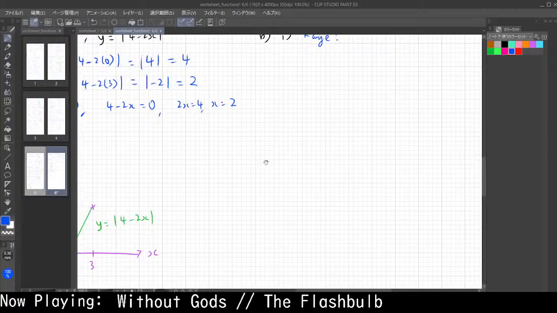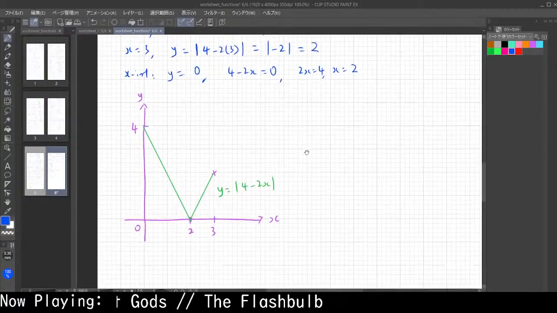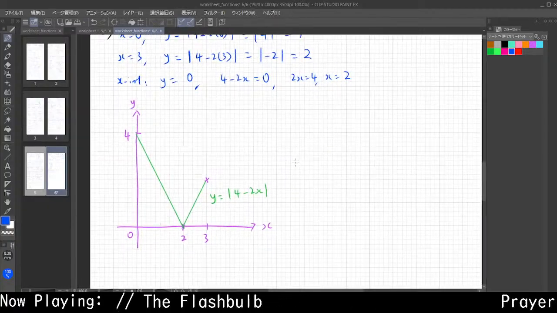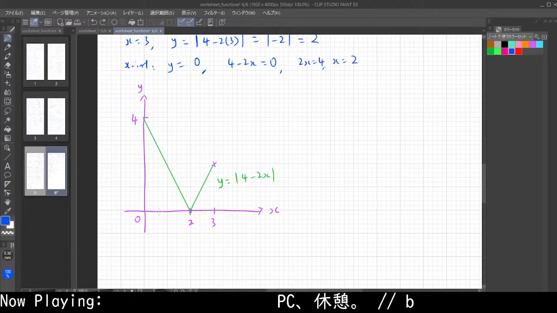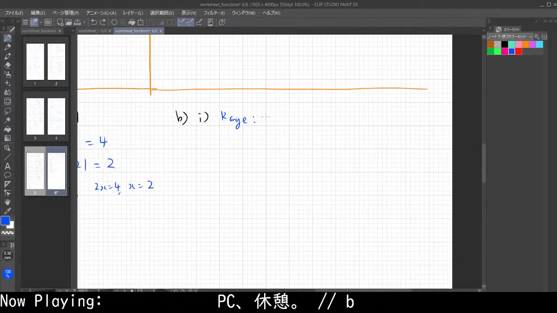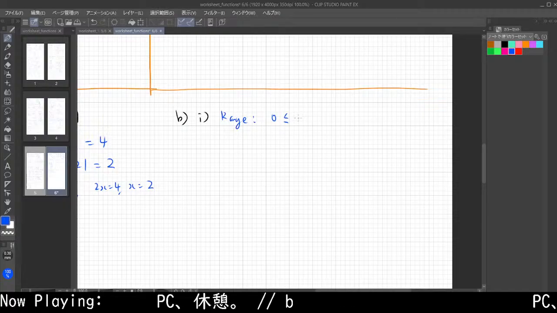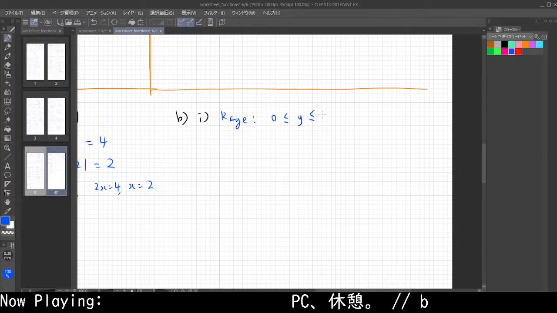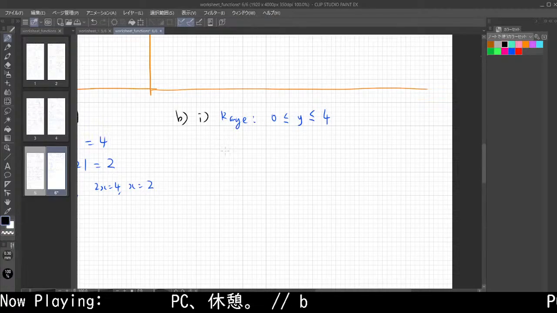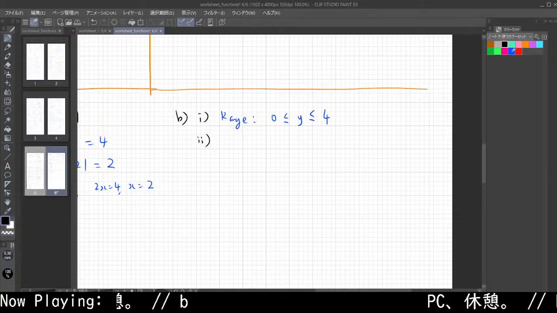The range, your y in this case, is 0 to 4. It's technically not fx anymore, it's just y. So 0 to 4.